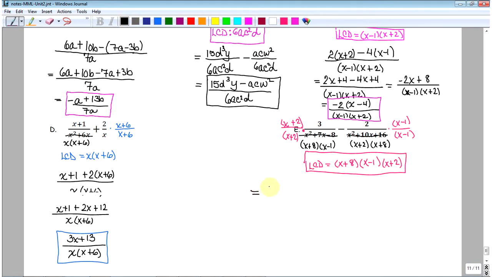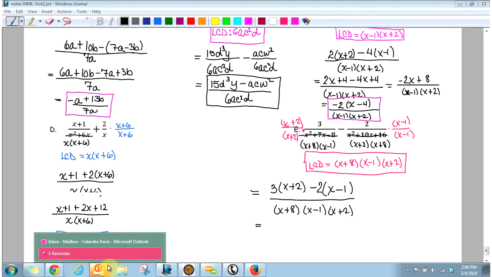So my numerator will be 3 times the quantity x plus 2, and then we're going to be subtracting 2 times the quantity x minus 1, and our denominator is the least common denominator. And you never need to multiply it back out. Once you have it in factored form, leave it in factored form.